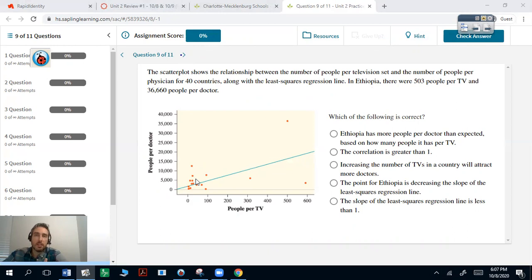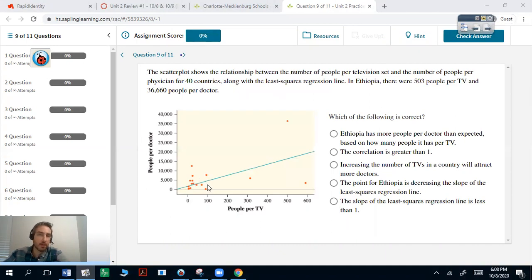Typically, you would expect that relationship to be negative, because if you have fewer people per TV, in other words, if everybody had their own TV, then it's probably a richer country, so there's probably better healthcare.